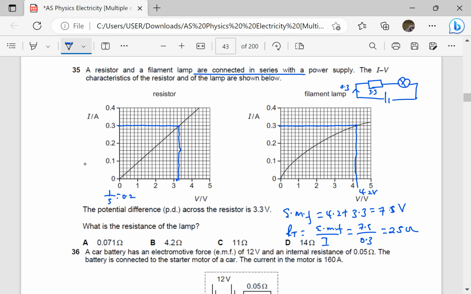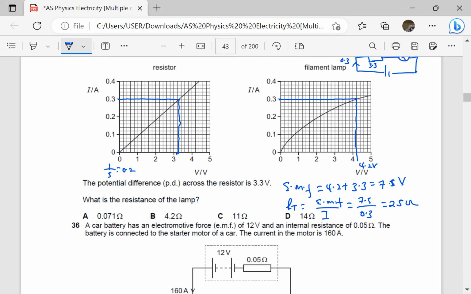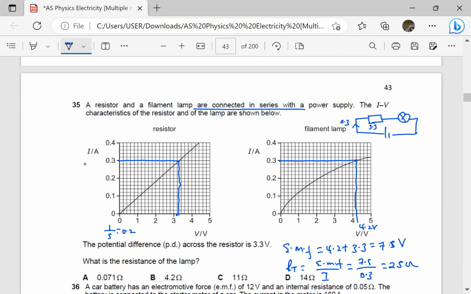And what is the resistance of the fixed resistor? We can also find that one. The resistance of the fixed resistor is going to be the PD, which is 3.3, divided by the current, which is 0.3, and I think that is 11 ohms.